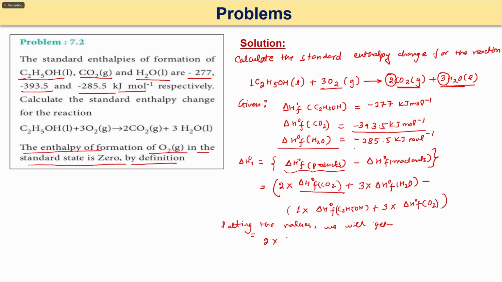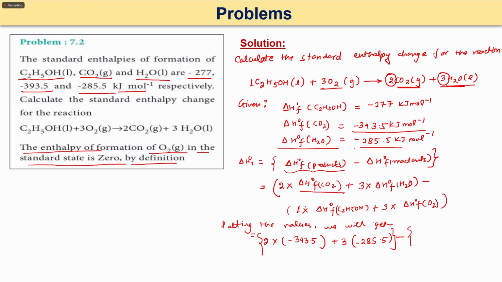Minus 393.5. Okay, now plus 3 into delta H naught F of water, which is given as minus 285.5. See, this is very easy. We just have to do the calculation and put the values.